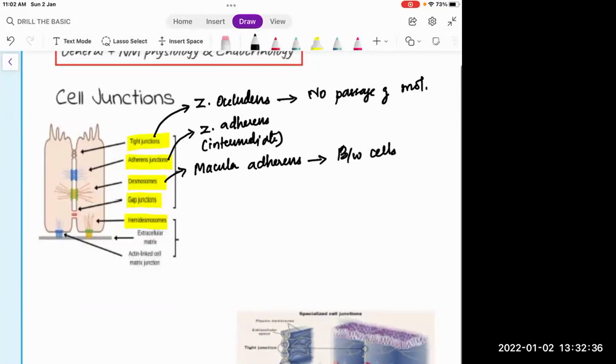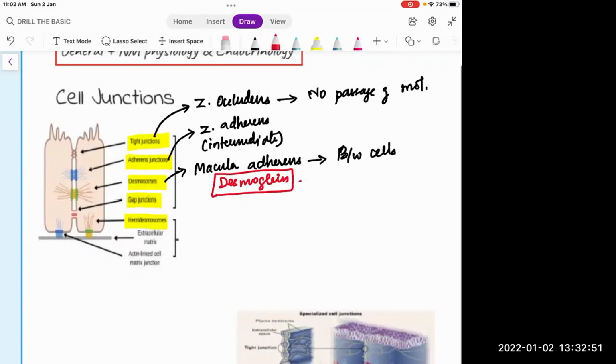Okay, and another important thing is this macula adherens produces a protein called desmoglein. So this desmoglein is present in the desmosomes.